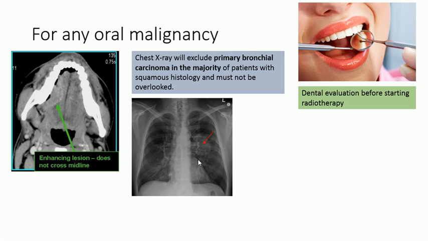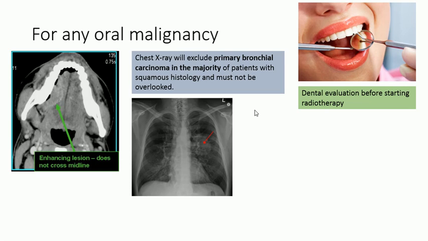Now, don't forget to do a chest X-ray in case of oral malignancy, because there can be a primary bronchial carcinoma. In a majority of patients where the tongue malignancy is squamous cell carcinoma, which is most of the cases, you will find a primary bronchial carcinoma. So you should not exclude a chest X-ray.